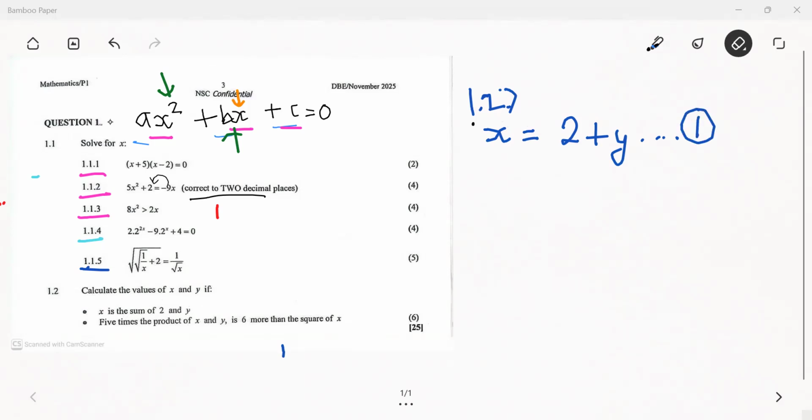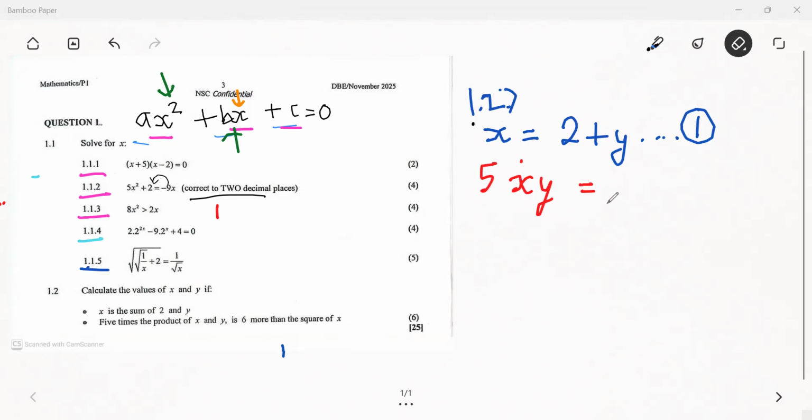What about the second equation? You get a second equation to deal with here. It says 5 times the product of x and y. The product of x and y is just xy. So 5 times xy is going to be the same as saying 5xy.